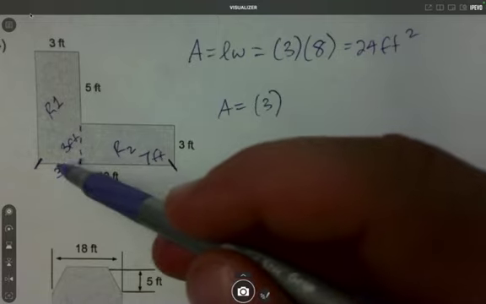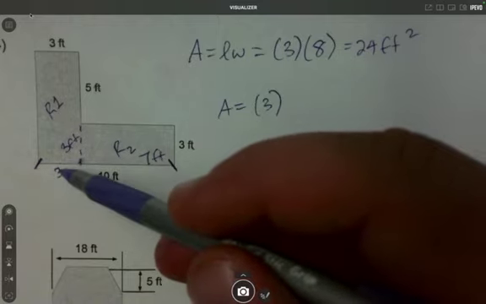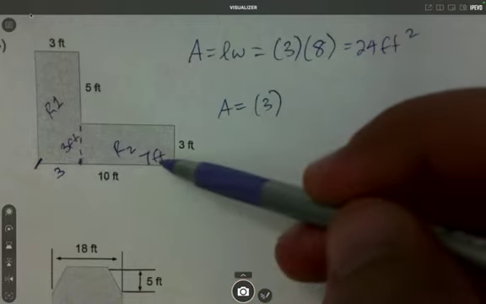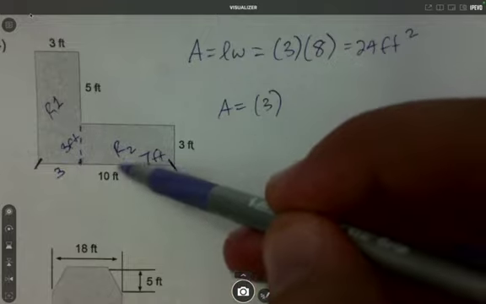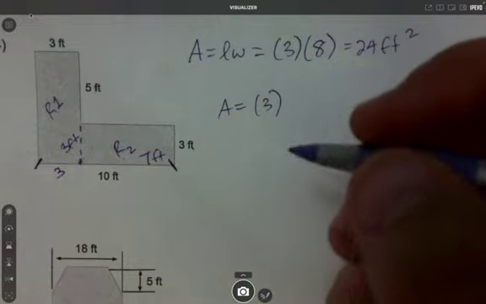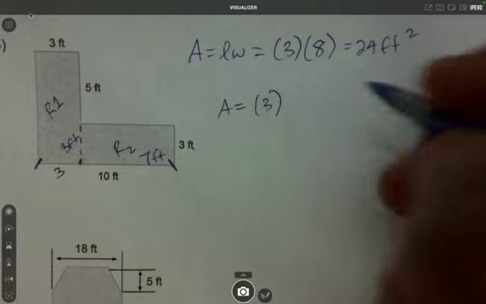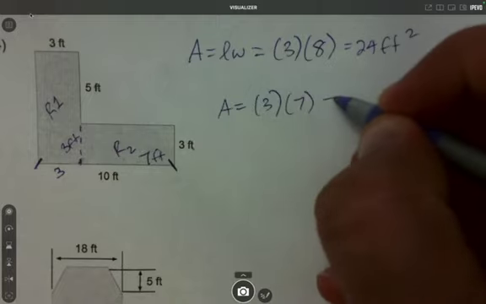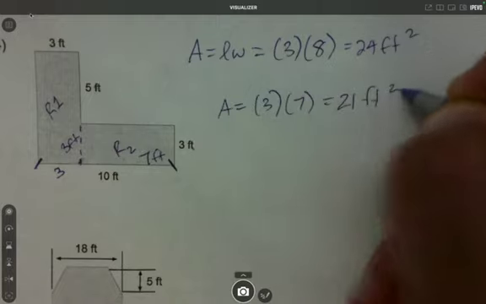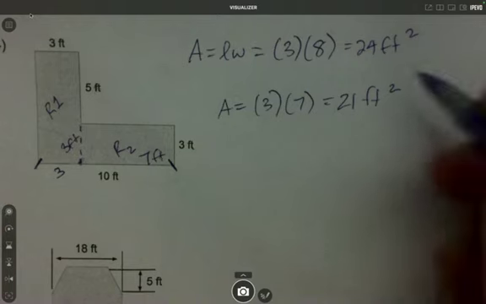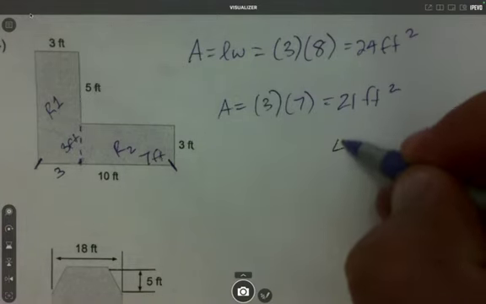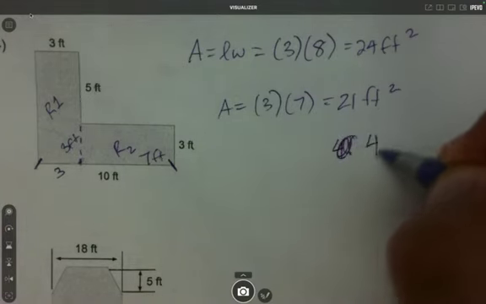Since this small segment is 3 feet, what's left over must be 7 feet because the two pieces added together have to add up to 10. So for rectangle 2, it's 3 times 7, which is 21 square feet. Add 24 plus 21, you get 45 square feet.